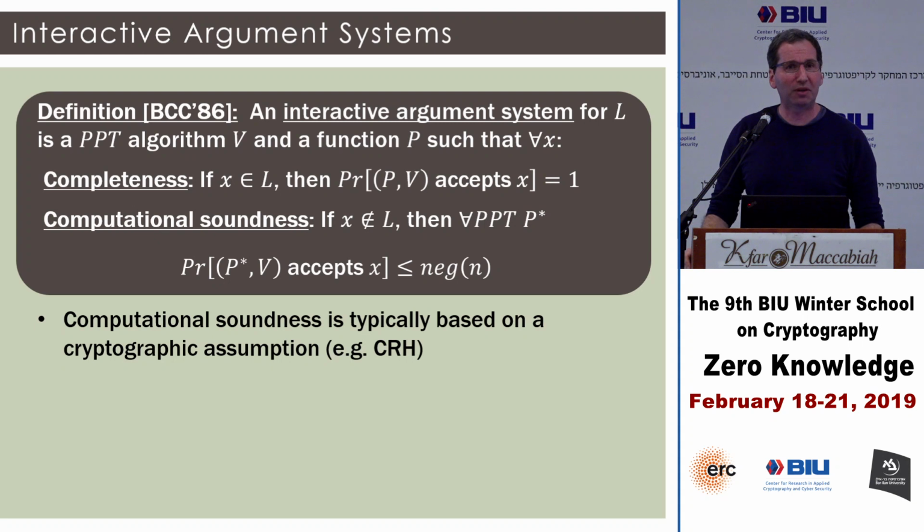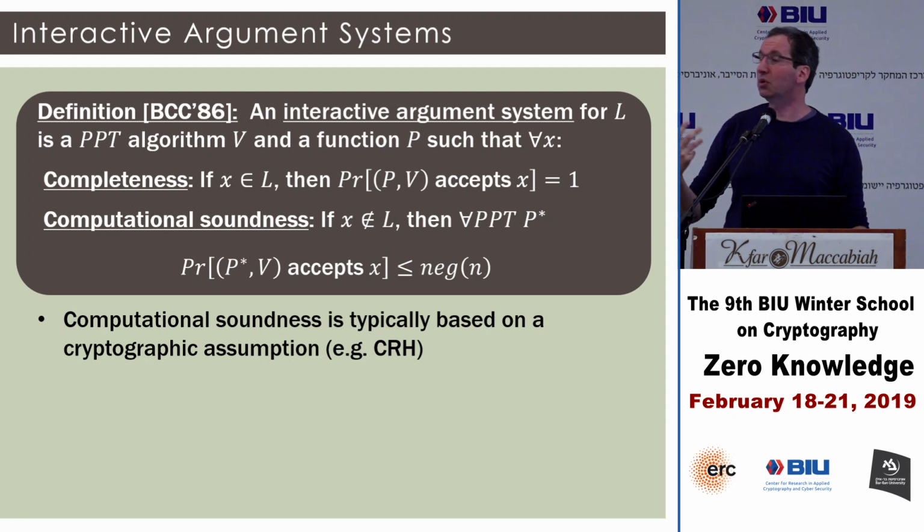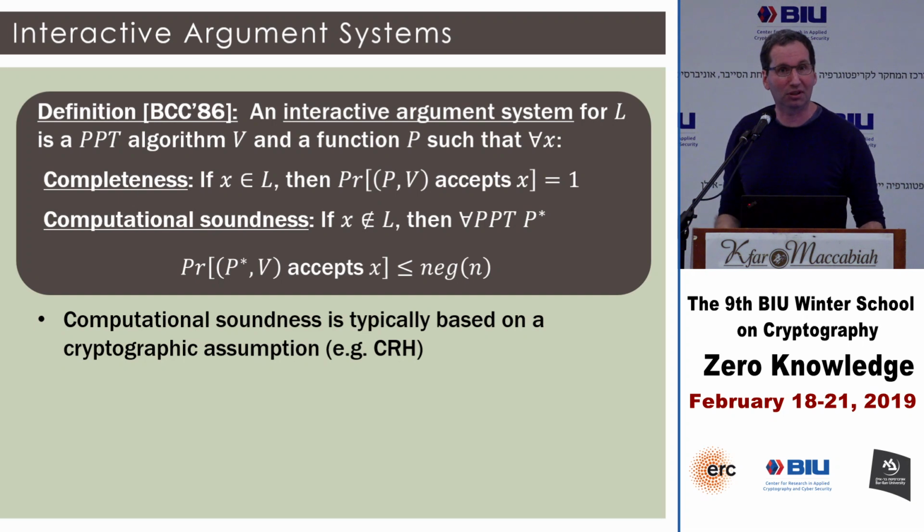One very prevalent assumption in these cases is collision-resistant hashing. So assuming the hash function that we use in the protocol is collision-resistant, the polynomial-time prover will not be able to break the soundness, or else it will find collisions in the hash function.